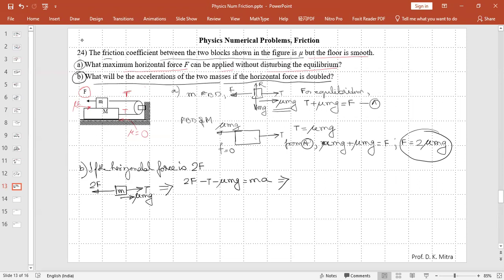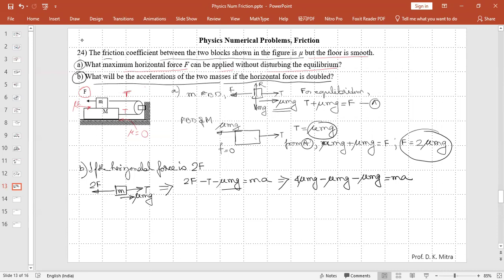From here, we get 2F is now 2 mu mg minus tension T. Tension T is anyway again mu mg, minus there is another mu mg here. This is equal to ma.